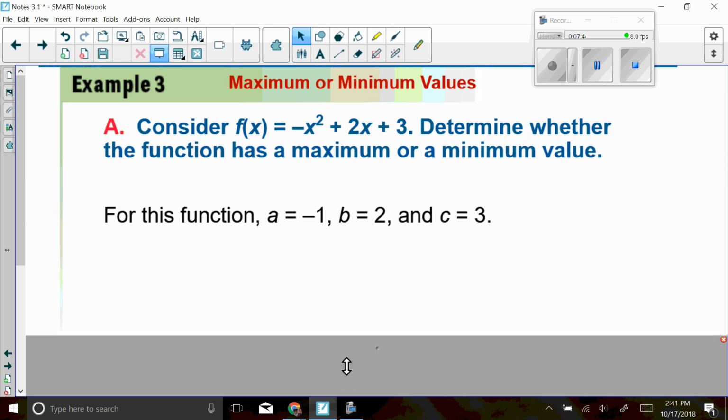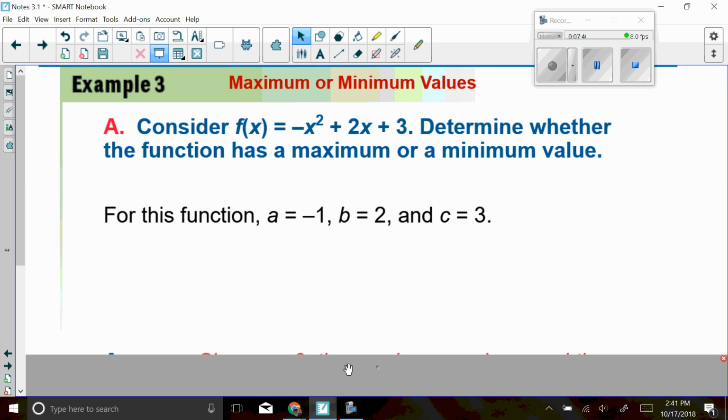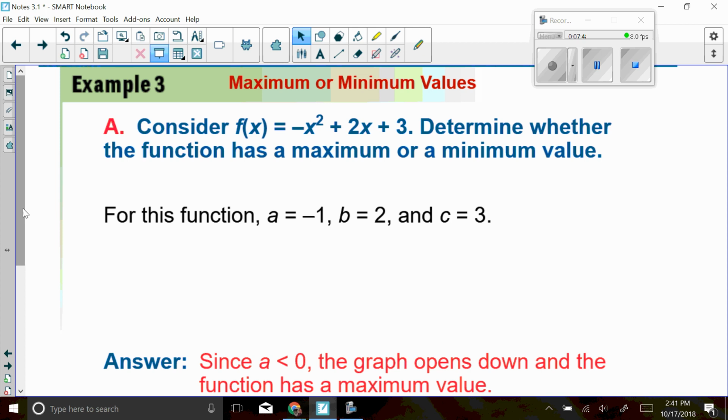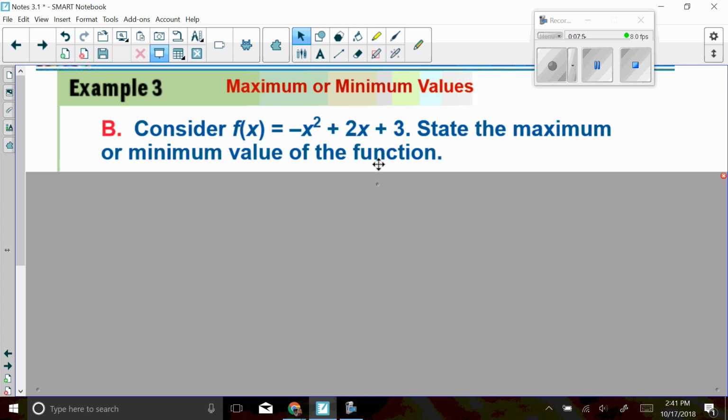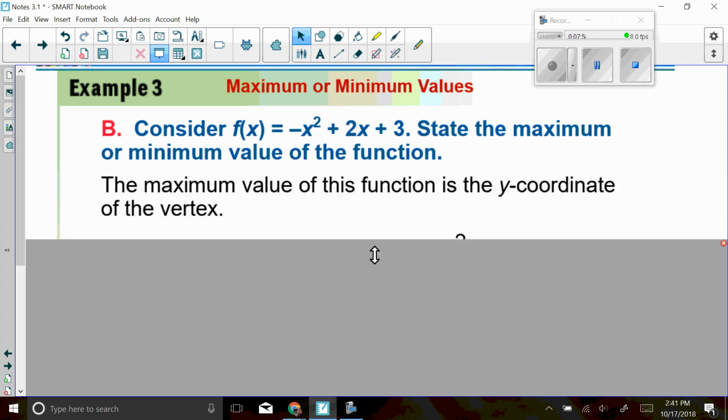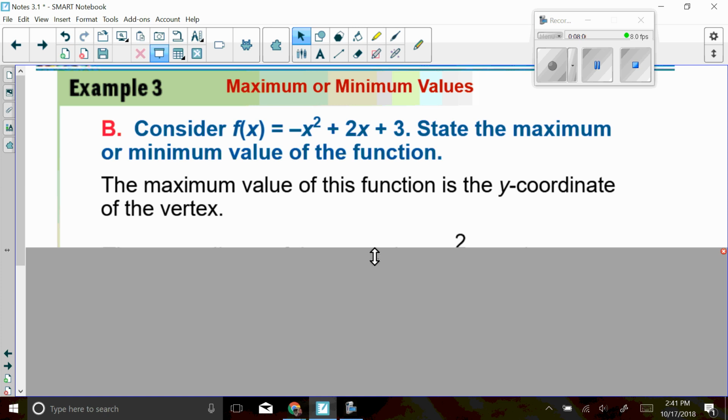So again, for this function, A is -1, B is 2, C is 3. So it opens downward and has a max value. Again, we're considering this: what is the maximum or minimum value? In order to find that, we need to find the y-coordinate of the vertex. So in order to find the y value, you need to find the x value.